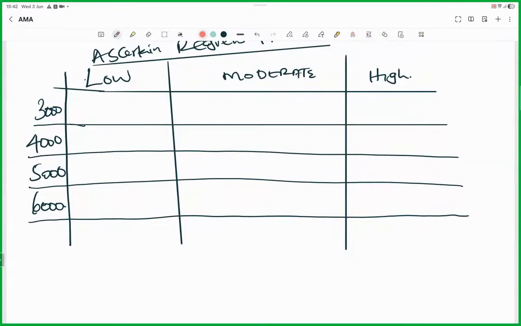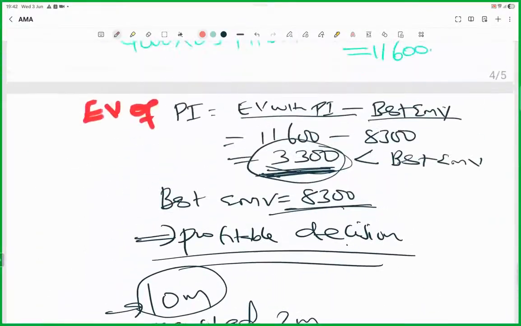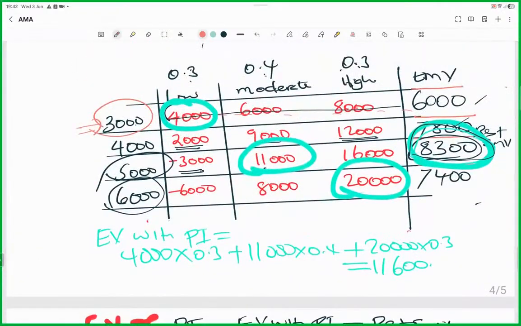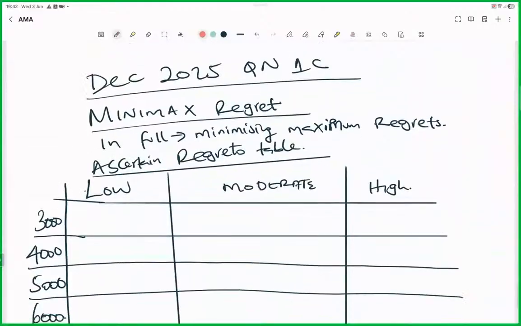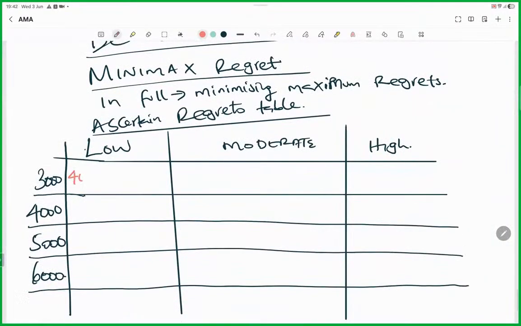So tumesema uende kwa kila column, selecting what here somebody, the highest. And then this highest is what you use as benchmark. So the benchmark in this case here for this column is 4,000. So benchmark means that you write it all over 4,000.